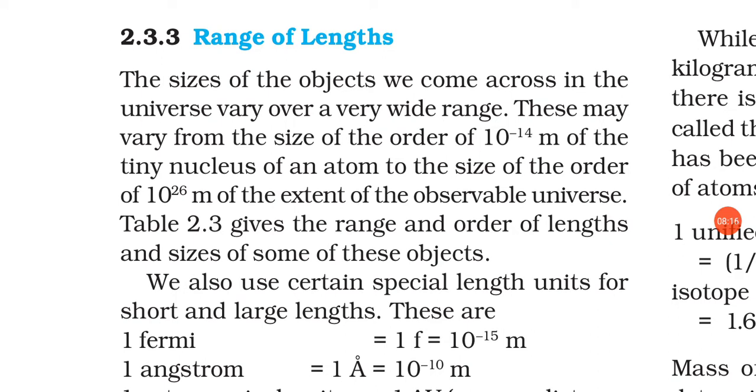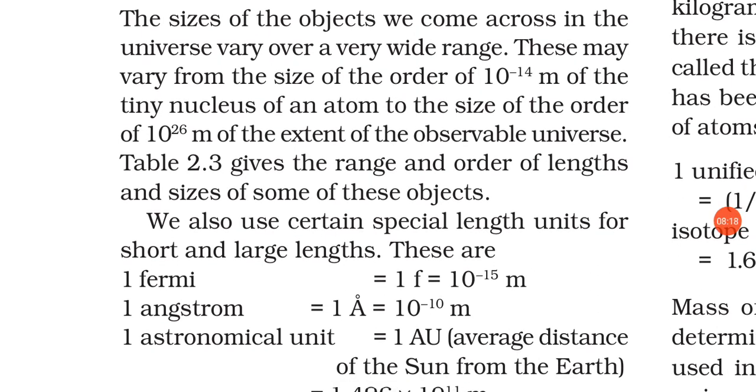Now we also have special length units for short and large lengths. If we are discussing length, we require suitable units. 1 Fermi is similar to the Angstrom. In the previous topic we discussed that 1 Angstrom is equal to 10 raised to minus 10 meter.